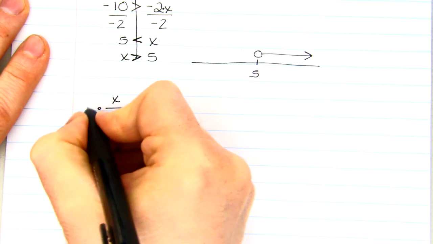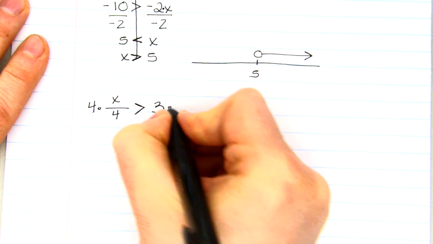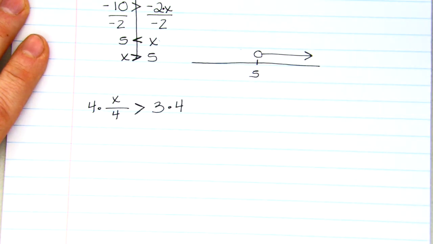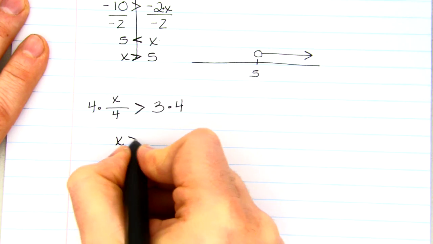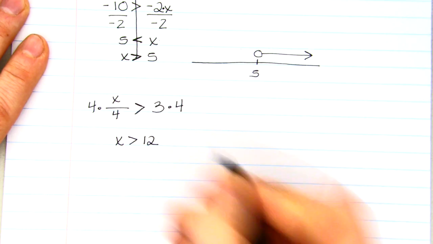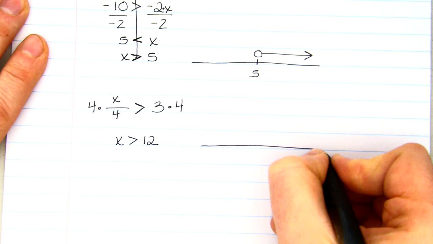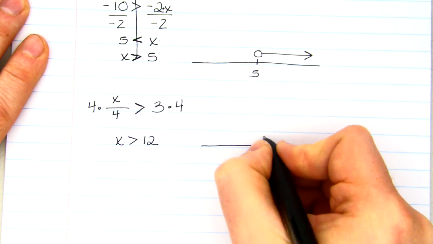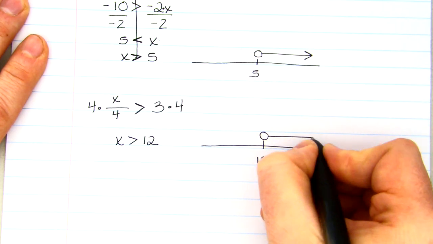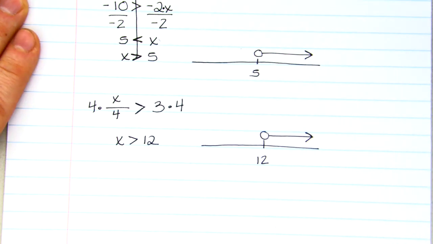I'm going to multiply both sides of my inequality by 4. That's going to give me x is greater than 12. Put that on a number line: tick mark at 12, open circle, point to the right.